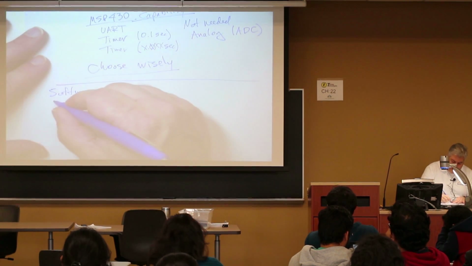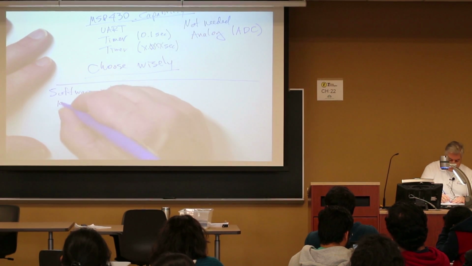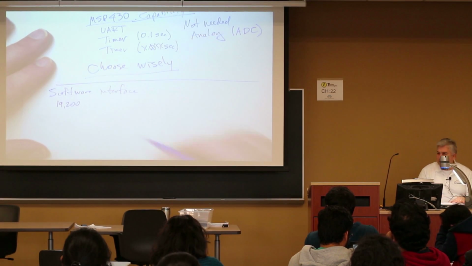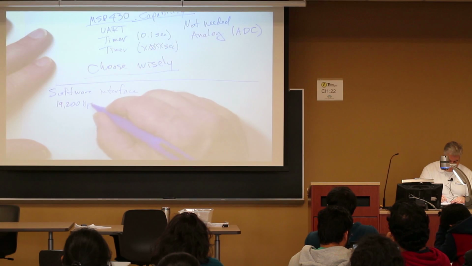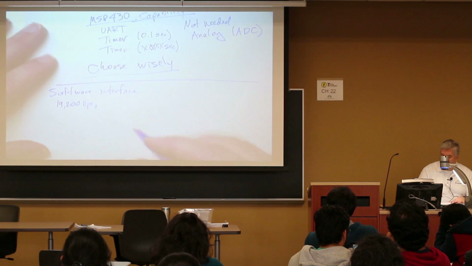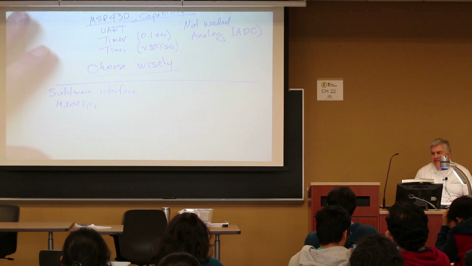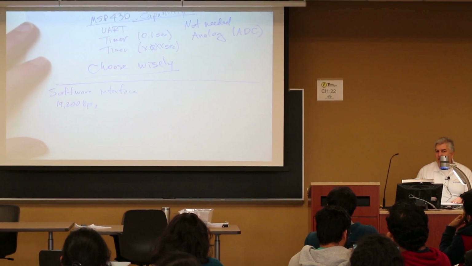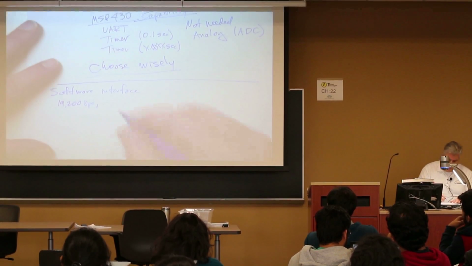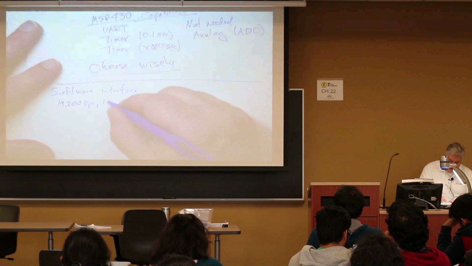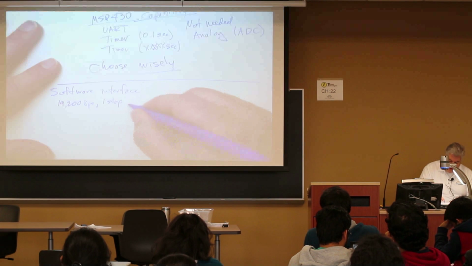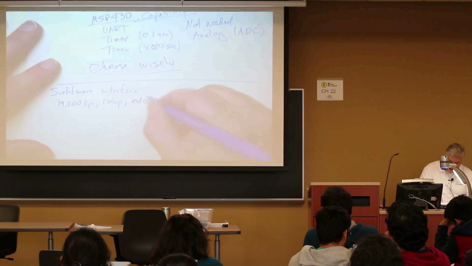First of all, I'm going to communicate at 19,200 bits per second. I could probably do 9,600, it doesn't matter. I'm going to have one stop bit, and I like parity, so I'm going to have odd parity.